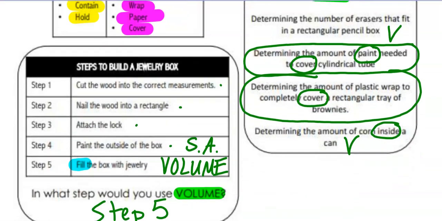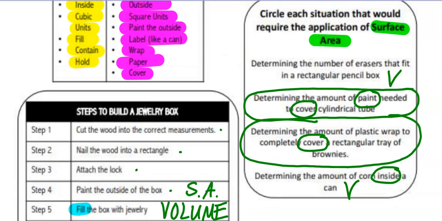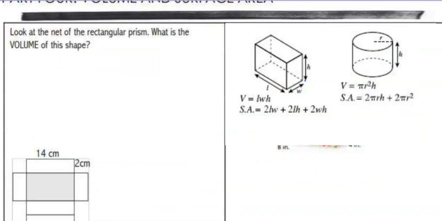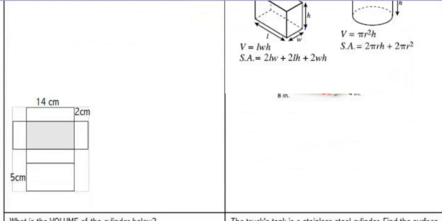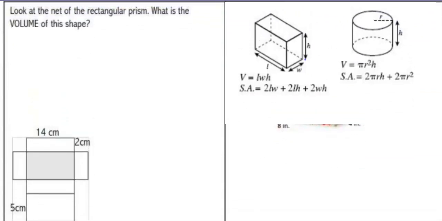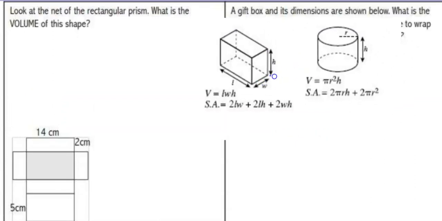All right, now that we've practiced looking at the difference between surface area and volume, let's go ahead and try some problems. So we have a net. We're going to look at this net of a rectangular prism, and we're going to find the volume of the shape. To find the volume of the shape, let's look at the formulas we have over here.